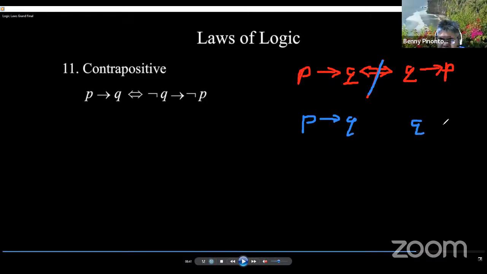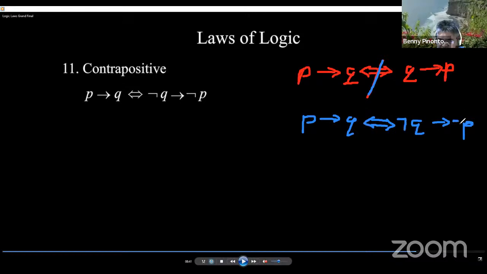What is equivalent is when you do P implies Q, and then not Q implies not P. What makes it equivalent is that you put the not here. Then it is equivalent. So that is the contrapositive.